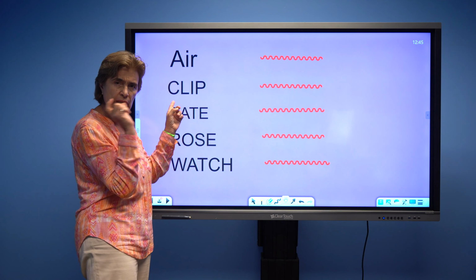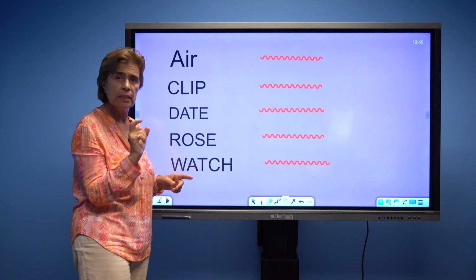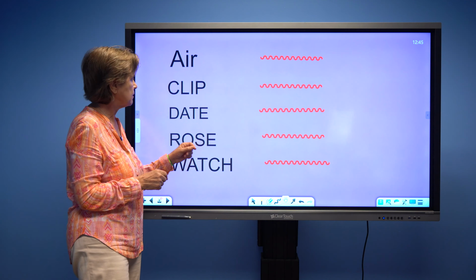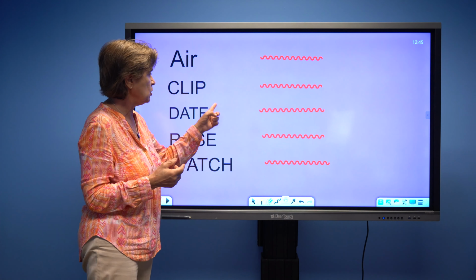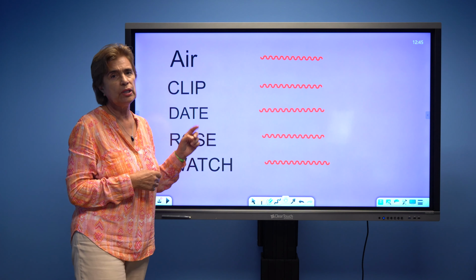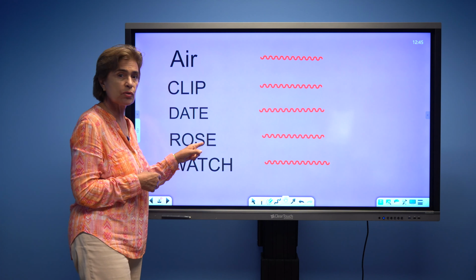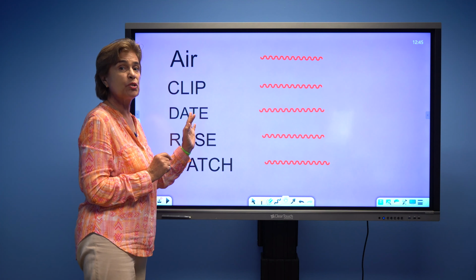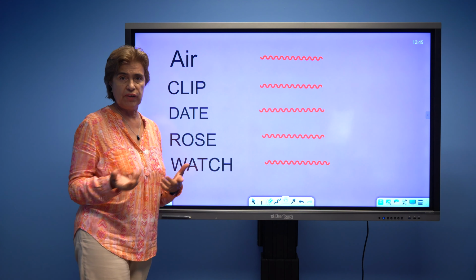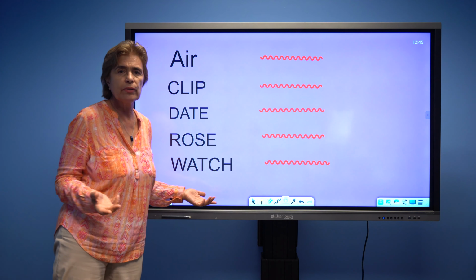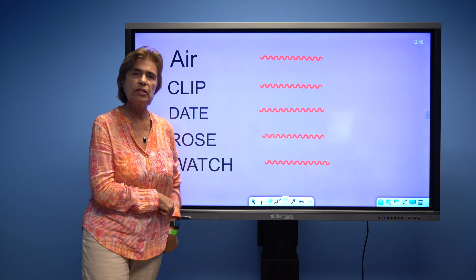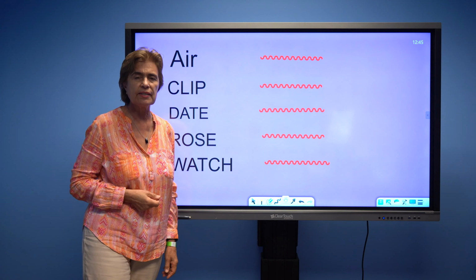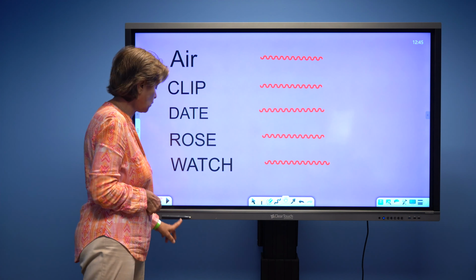It's also a small part of a movie. It's a clip. Date, today's date is, but then when you go out with someone, it's a date. Rose, when you get up from a chair, or the flower. And of course, another simple word is watch. This is a watch, but it's also when you're looking at someone. You're watching them.